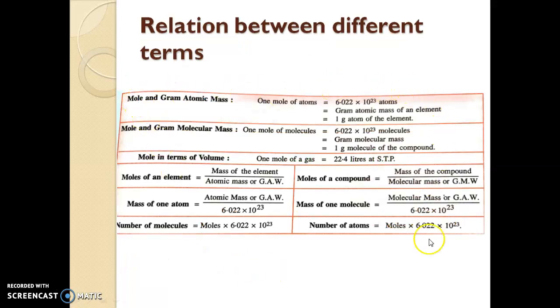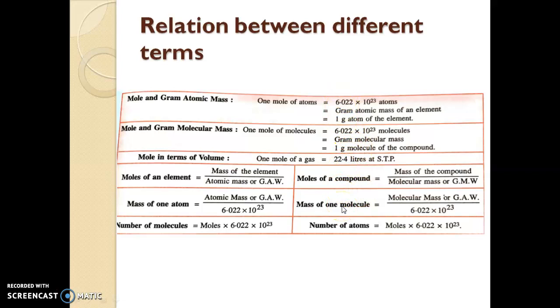Now these are certain relations. Here it is GAW, that is gram atomic weight. Here it is GMW, that is gram molecular weight. However, I am attaching this relation, but I never suggest you to go through all these relations, that is, you have to remember all these formulas.